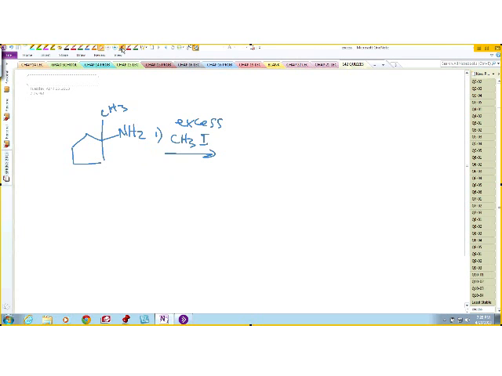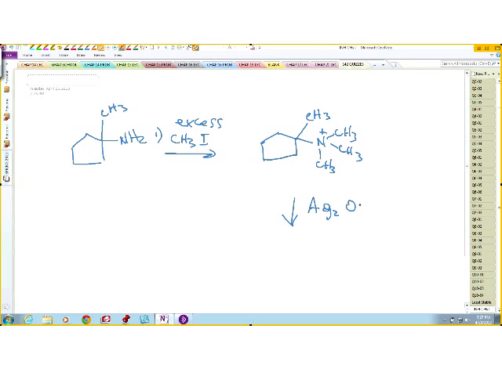Okay, now what I want to do here, let me take this out. Okay, and then you have your silver oxide, step 1, and then step 2, you apply heat.